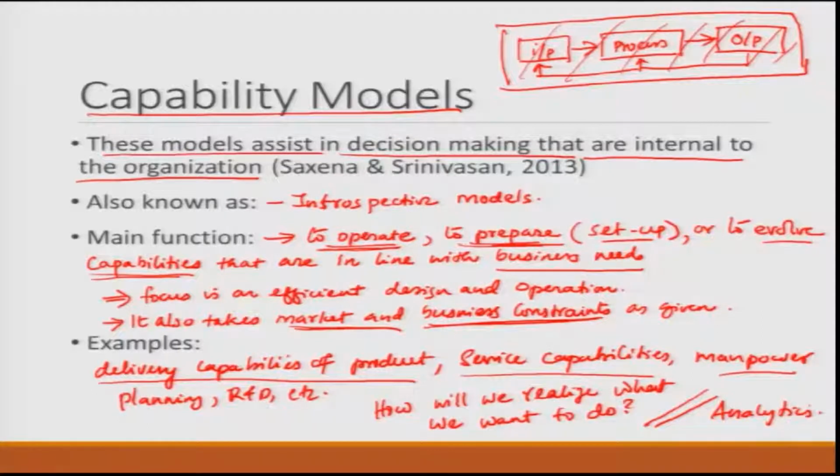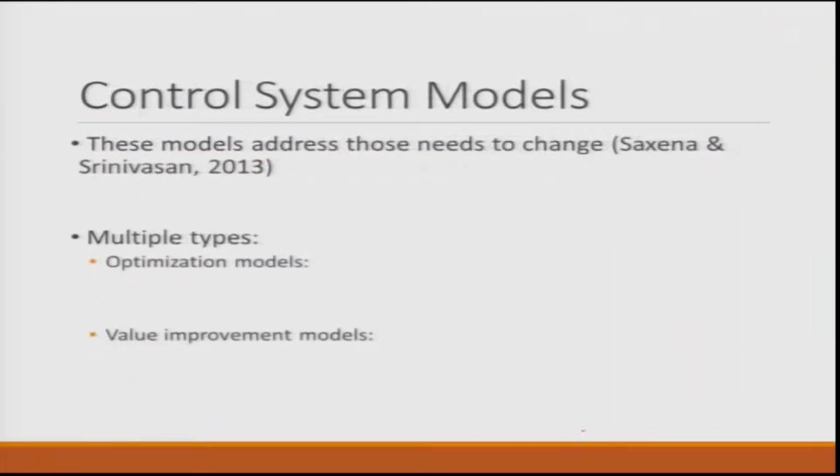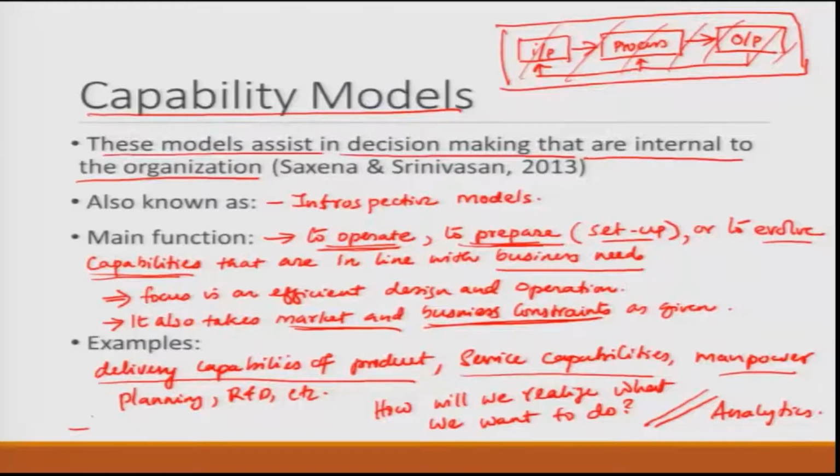And there are a wide variety of models used in this area. Now we talk about the third one, which is called the control system models. Saxena and Srinivasan say that control system models are models that address the needs to change. Previously, the capability models originate in the capability layer.